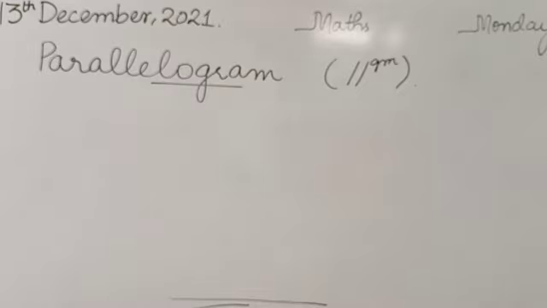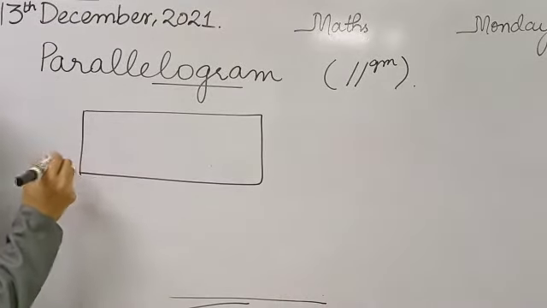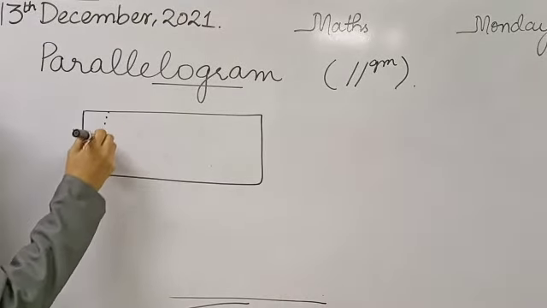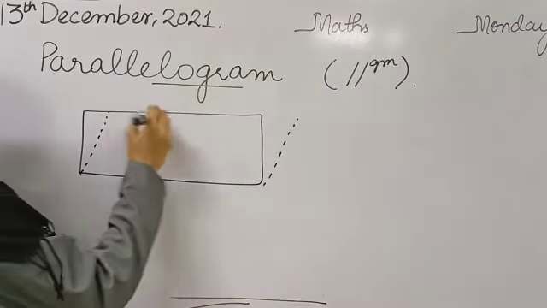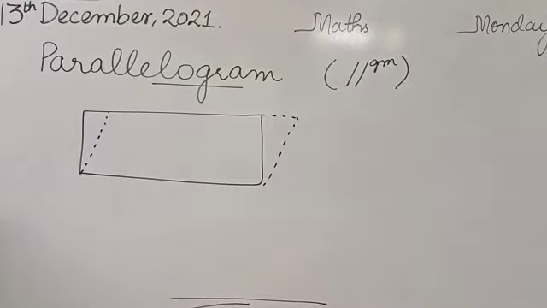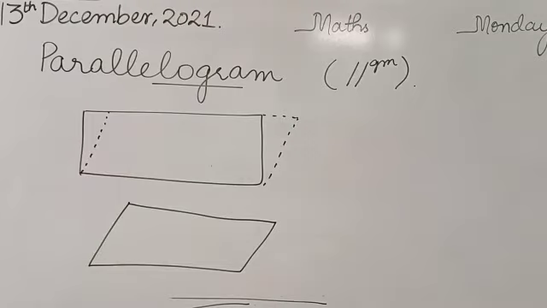If we shift a rectangle, then a parallelogram becomes. For example, this is a rectangle, and if I push the rectangle from its upper side, then this form will become a parallelogram, like this. Okay, this is a parallelogram.